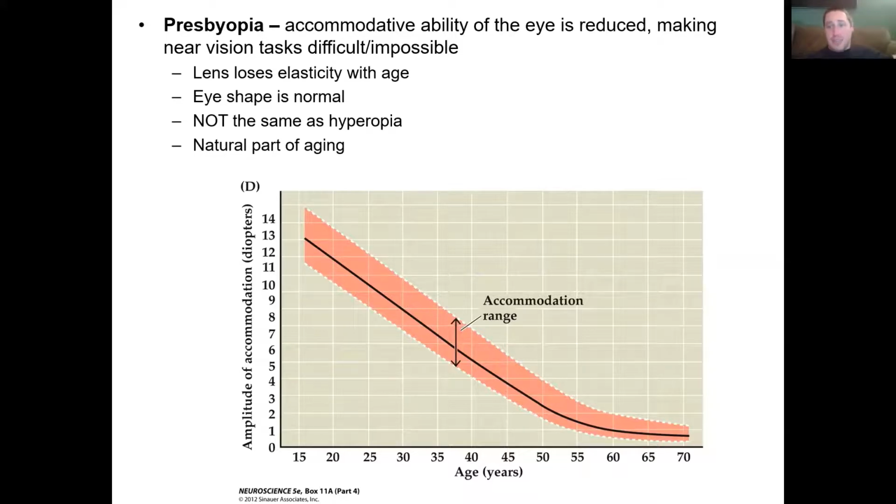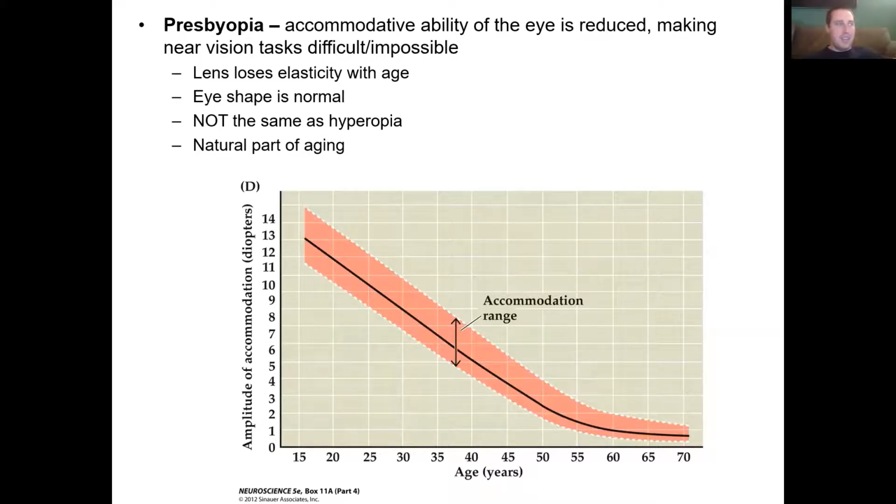And so this is just really kind of a natural thing that happens with age, where the lens, its elasticity, its ability to deform, is necessary for accommodation. That just goes away with age. So your eye shape might be normal, you never needed glasses, but then as you get old, you might need to start wearing glasses. Or if you're farsighted like me, as you get old, you might need to wear bifocals because you can't focus either far or near.